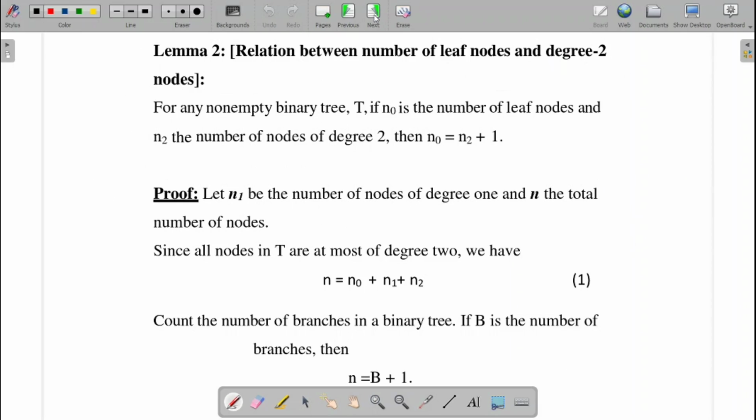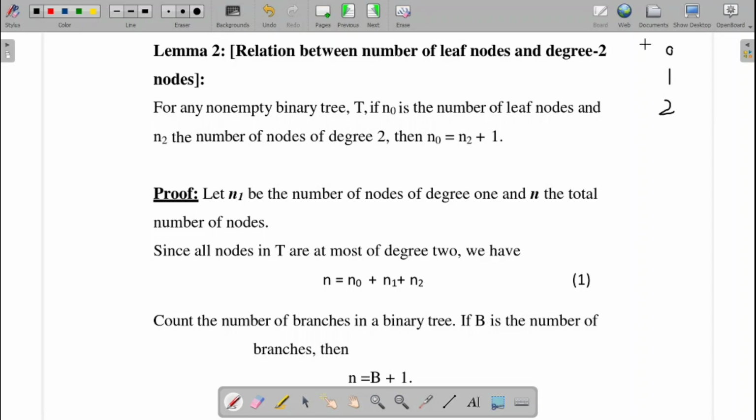Then the next one, lemma 2. Lemma 2 says that the relation between the leaf nodes and the degree 2 nodes. Whenever we go to the binary tree, we have three different types of degrees: degree 0, degree 1, and degree 2.